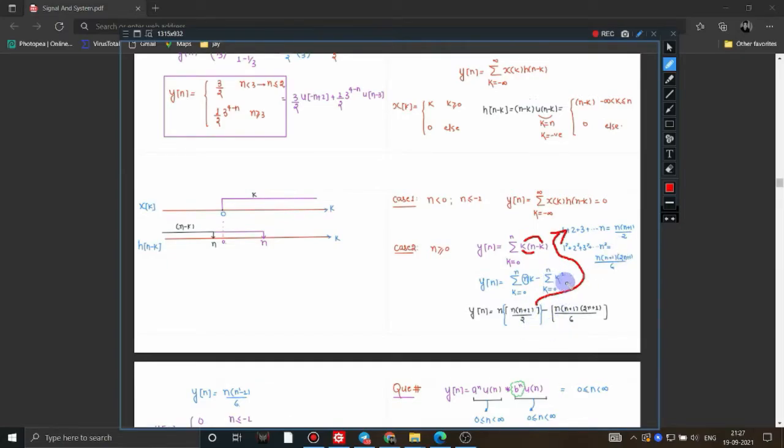And this k square is like 1 square, 2 square, 3 square, the addition of natural numbers with square, so the formula is n(n plus 1)(2n plus 1) by 6. If we do not know these formulas, we cannot get the end result, so we have to remember these formulas.